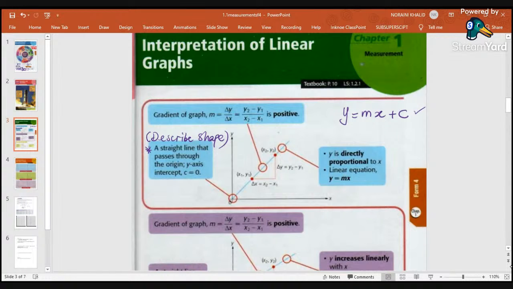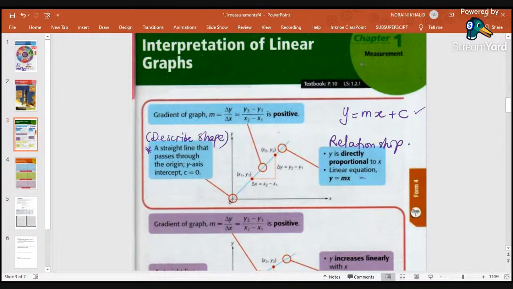A straight line that passes through the origin. Okay. So the relationship, ini kita panggil relationship. Okay, you plot a graph of y against x, so relationship is y and x. A straight line passes through the origin, so you write down y is directly proportional to x.